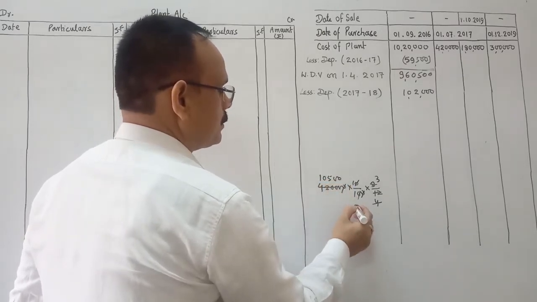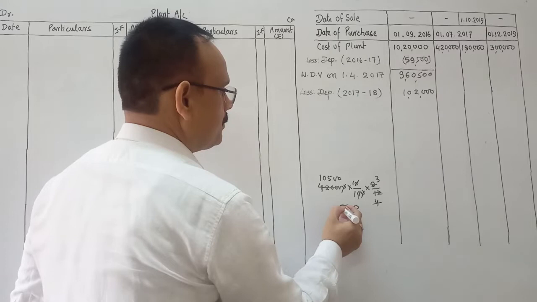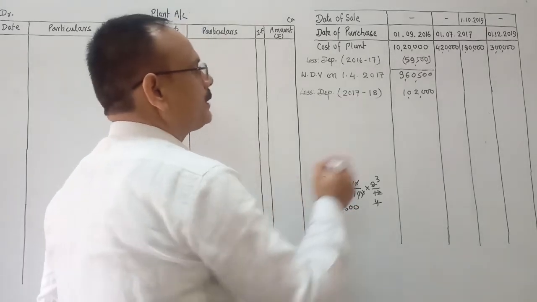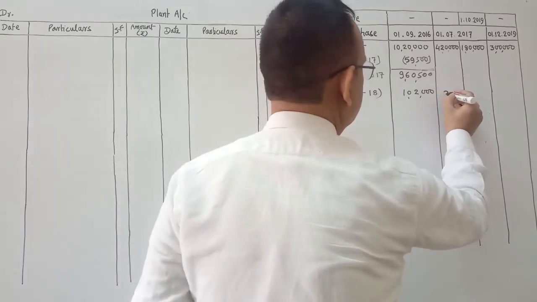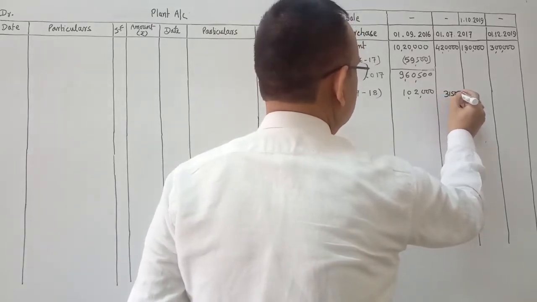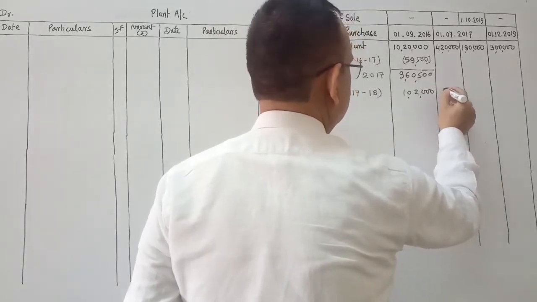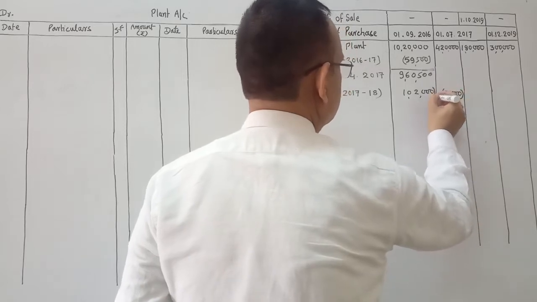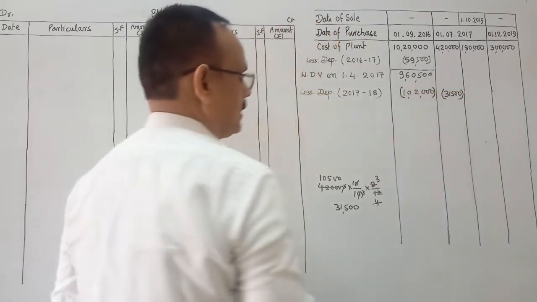So it is 31,500, depreciation for 9 months.